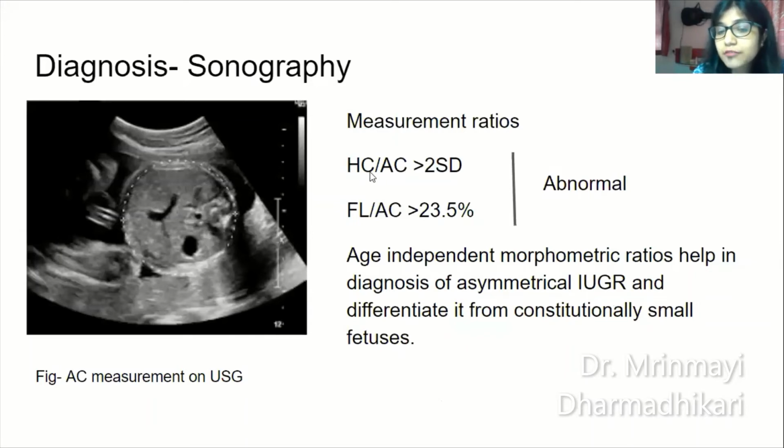Why? Because of the brain sparing effect, head circumference is higher as compared to abdominal circumference. Similarly, femur length to abdominal circumference more than 23.5% is again considered an abnormal finding and more pointing towards asymmetric IUGR.